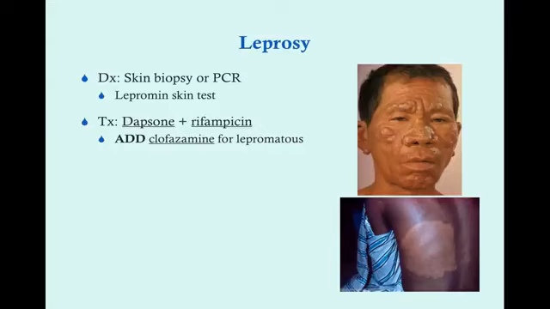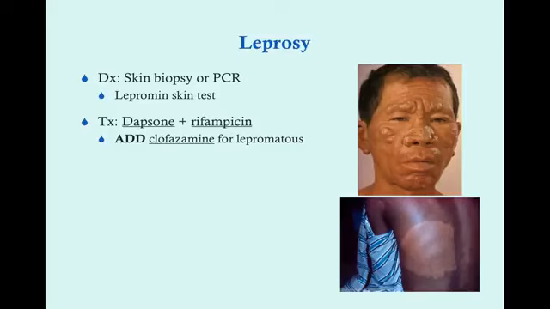So you inject the antigen into their skin and you see what their response is. If they have a good cell-mediated response, what that means is that they're more likely to get what kind of leprosy? Tuberculoid leprosy, because they're mounting a response to M. leprae. Whereas if they don't have a response, then they're more likely to have lepromatous leprosy.